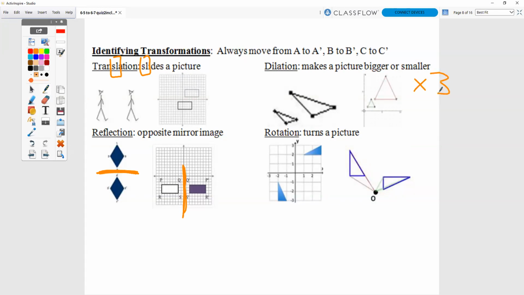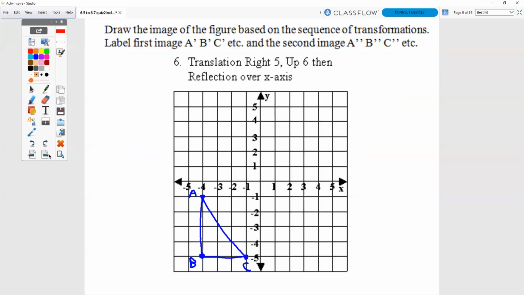If the number is a big number like 3 or 2, a number that's not a fraction, a number that's greater than 1, that's going to get bigger. If you're multiplying by a fraction like 1/2, it's going to be smaller. A rotation turns a picture, whether it's 90 degrees clockwise, 180, or 90 degrees counterclockwise.